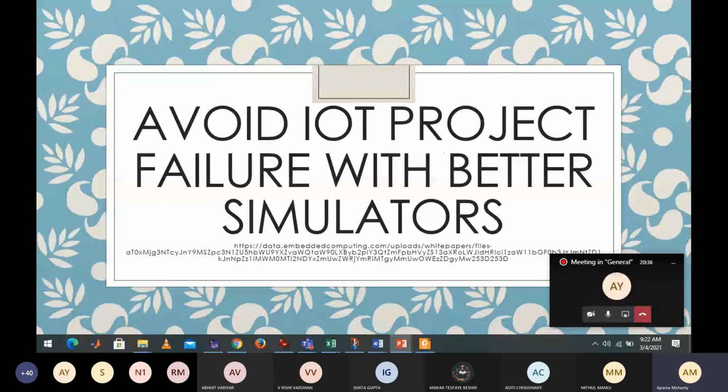On your IoT project, whatever you do, if you want to do it in hardware, the best thing is to first have a simulation-based version of your product. If it performs well in simulation, then go for hardware implementation, because hardware implementations are costly, a tiring affair, and require a lot of effort from you.